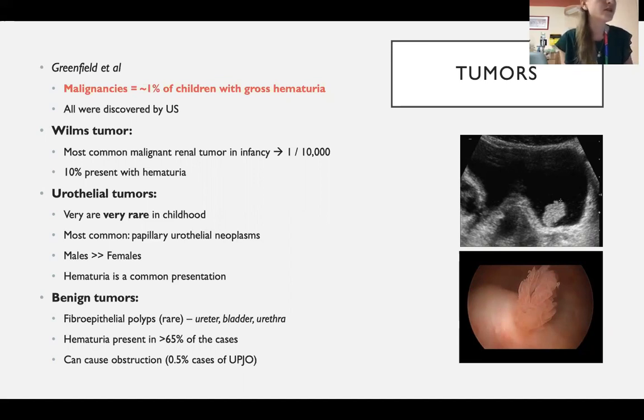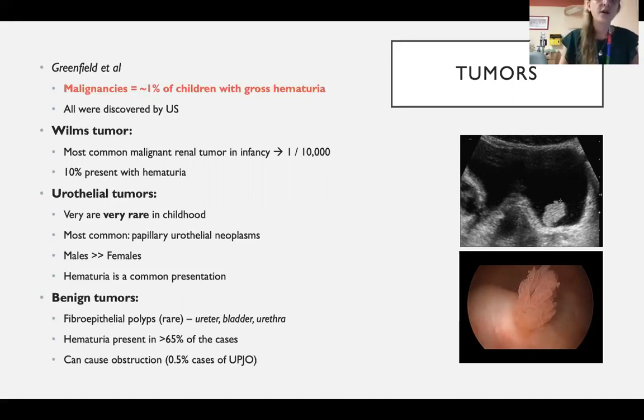Wilms tumor, as you know, is the most common malignant renal tumor of infancy, and it occurs in 1 out of 10,000 children, approximately. And approximately 10% of these patients can present with gross hematuria. Then urothelial tumors are very, very rare in children, the most common of them being the papillary urothelial neoplasm.